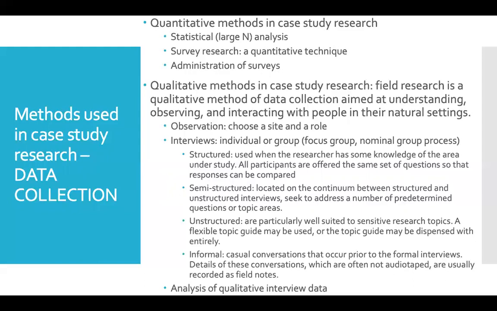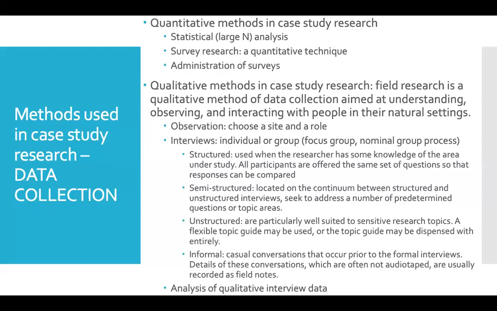So then we have the qualitative methods in case study research. Field research is a qualitative method of data collection, understanding, observing, and interacting with people in their natural settings. Part of this is ethnographic research, as considered previously. So here observation is very important, being an observer, one way or another.